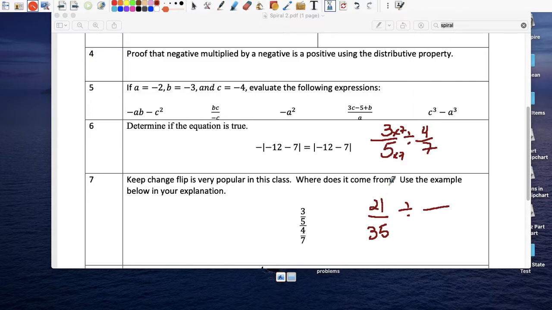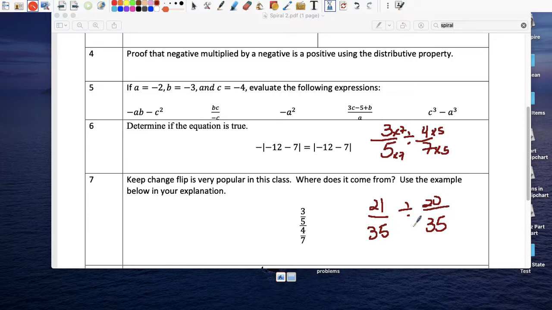So 3/5 and 21 over 35 are equivalent fractions. 4/7, if I change it to denominator 35, would be times 5. And then multiply the top by 5, and I get 20. So I didn't change anything. I just rewrote 4/7 into an equivalent fraction, which became 20 over 35.